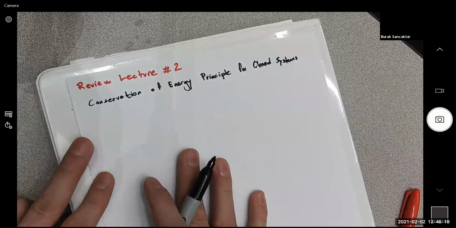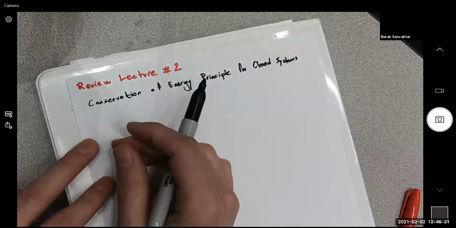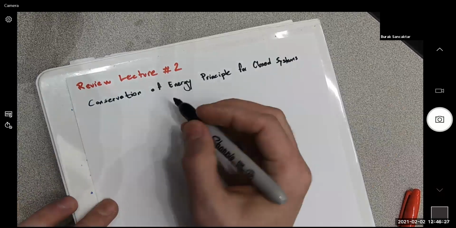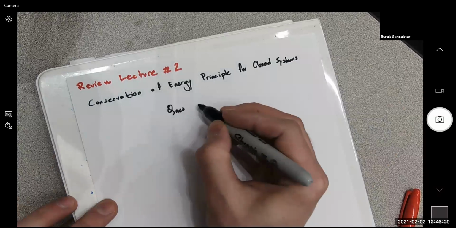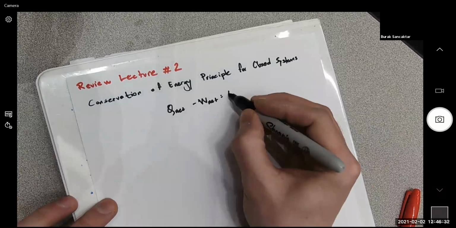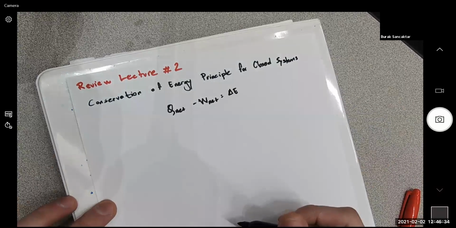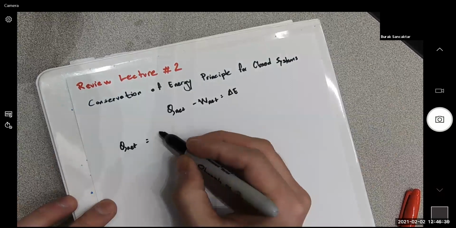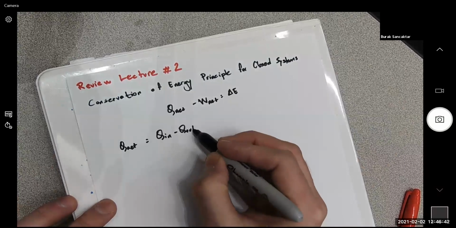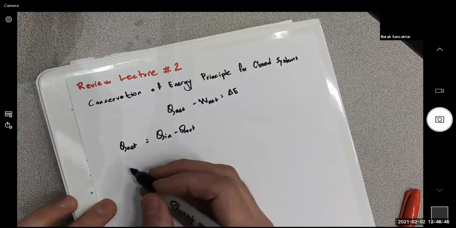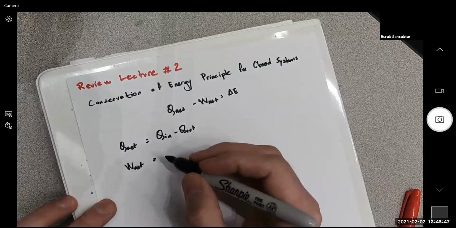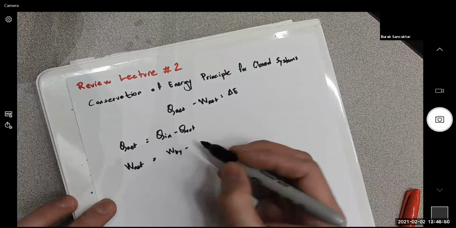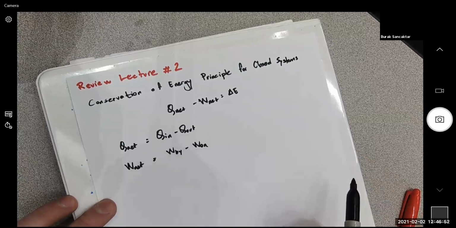And we defined the expression for the energy principle for closed systems, which was Q net minus work net equals energy stored in the system, right? And we also said Q net equals Q in minus Q out, right? And work net equals work by minus work on.